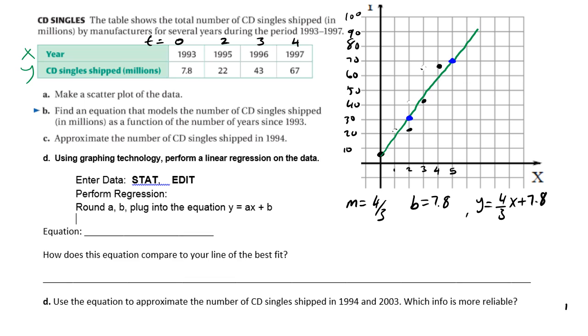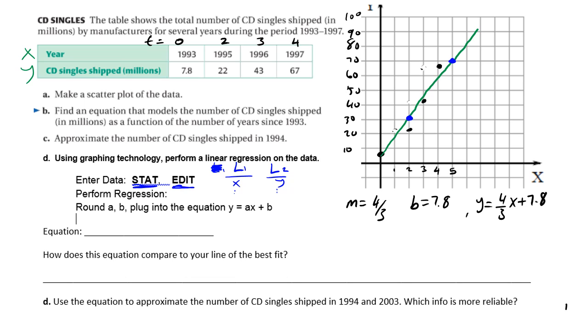Now we are going to do the same thing with the calculator. On the calculator we have certain steps. We will go over these steps in the class for those of you who don't have calculator access at home. First you will enter stat, and then we will hit the edit button. That's the first choice. And on the edit we are going to put L1 as the x values, L2 as the y values. We're going to enter all the values.